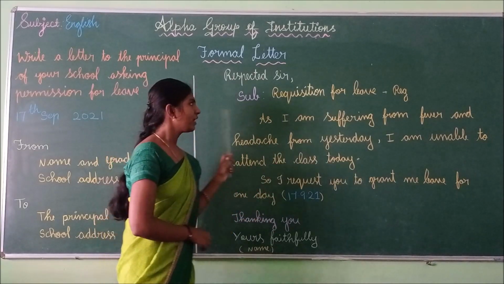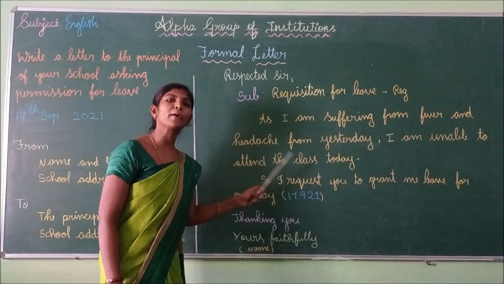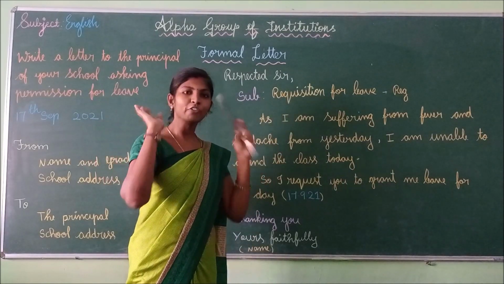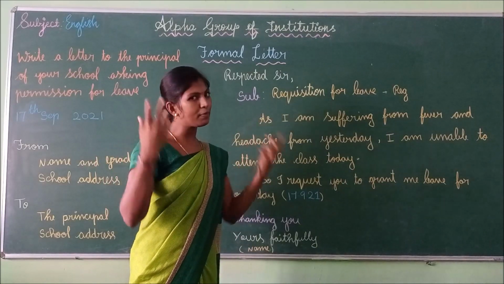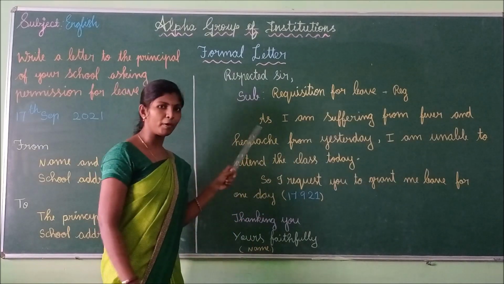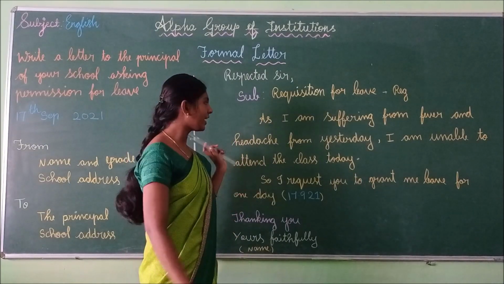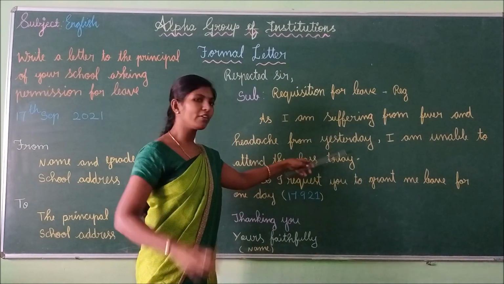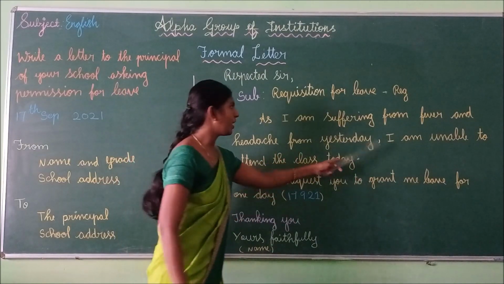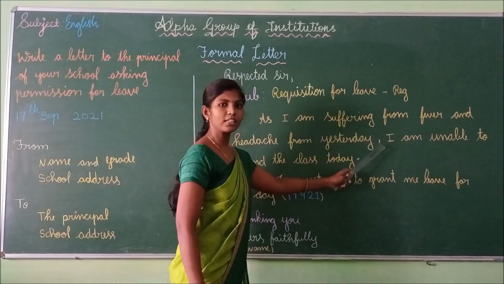So you write, "As I am suffering from fever and headache from yesterday." From yesterday night you have had fever and headache, so this morning you are unable to do anything or go to your class. So you are asking permission from your principal. Since we have started with "As", we write a comma here.